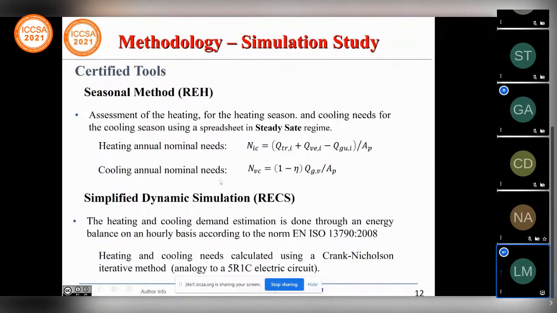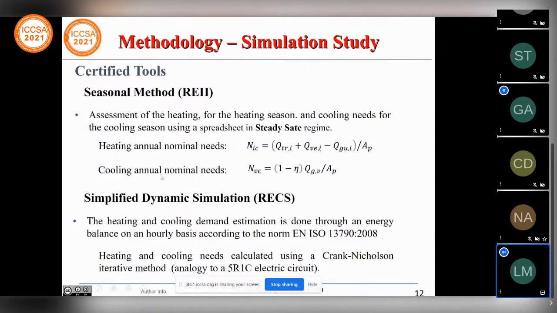And in the summer, we have the gross gains that are multiplied by a function of the efficiency of the gains. So of all the gains that the building gets in the winter, some of them are not useful, and it depends on the inertia of the building. So the calculation of these gains in winter and in summer depends on a function which involves the thermal inertia of the building.